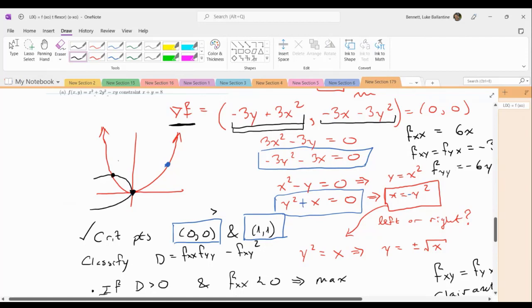And then this negative 1, positive 1 is a critical point. And so we just do D of negative 1, positive 1. We determine the sign. So this is negative 6 times negative 1 times positive 1, minus 9, plus 9.